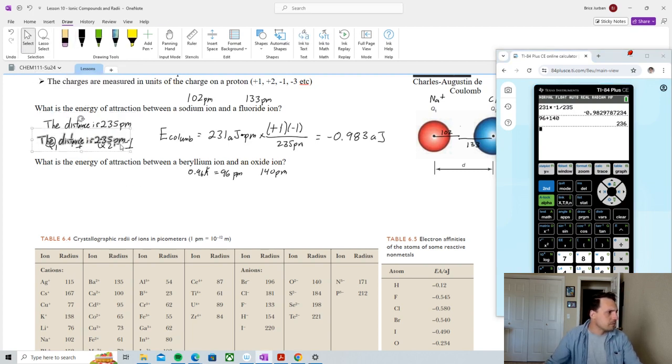It's actually the same. Like I said, the distances on these don't change all that much. The big difference here, though, is Q1 is positive 2, because beryllium's a 2 plus charge, and Q2 is going to be a negative 2 charge.